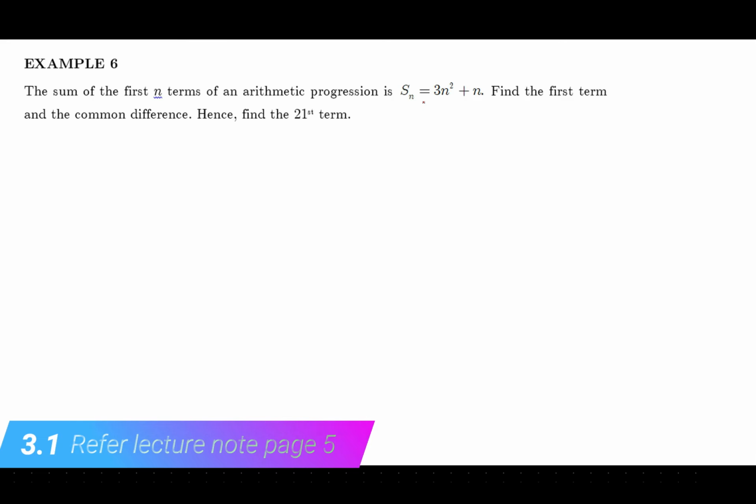Moving on to the next example, example 6. The sum of the first n terms of an arithmetic progression is given by Sn equals 3n squared plus n. Find the first term and the common difference, and hence the 21st term.